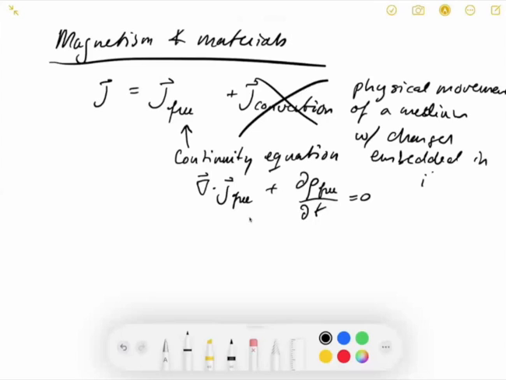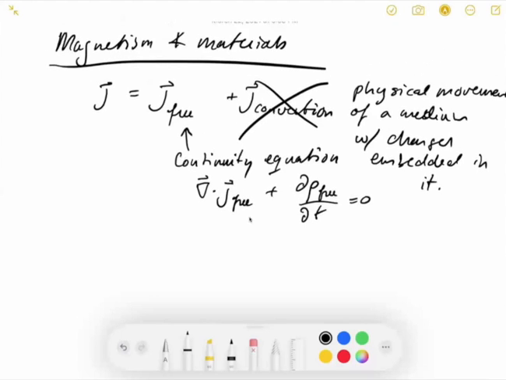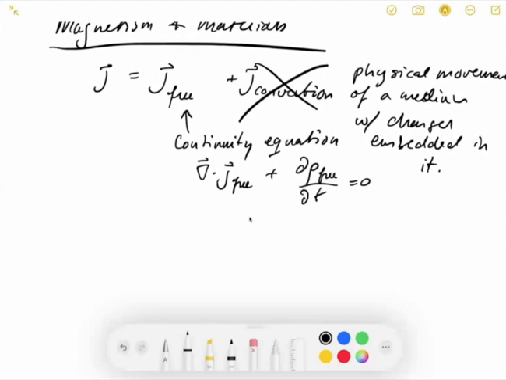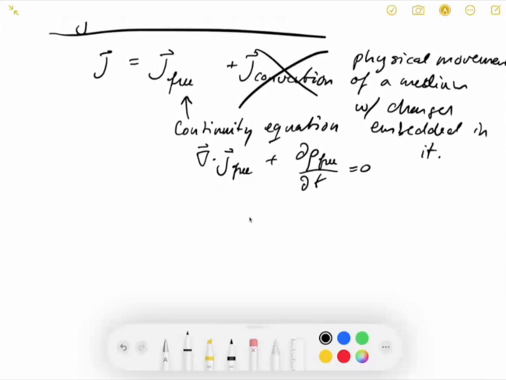I think it's perfectly reasonable to just incorporate that in J free, because whether the charges are bound to the medium or not, if they're moving with it, you could still describe that as charges that are actually moving. They might be bound to the medium, so they might themselves not be free to move, but there are probably ways to account for that. So we're going to ignore that part.